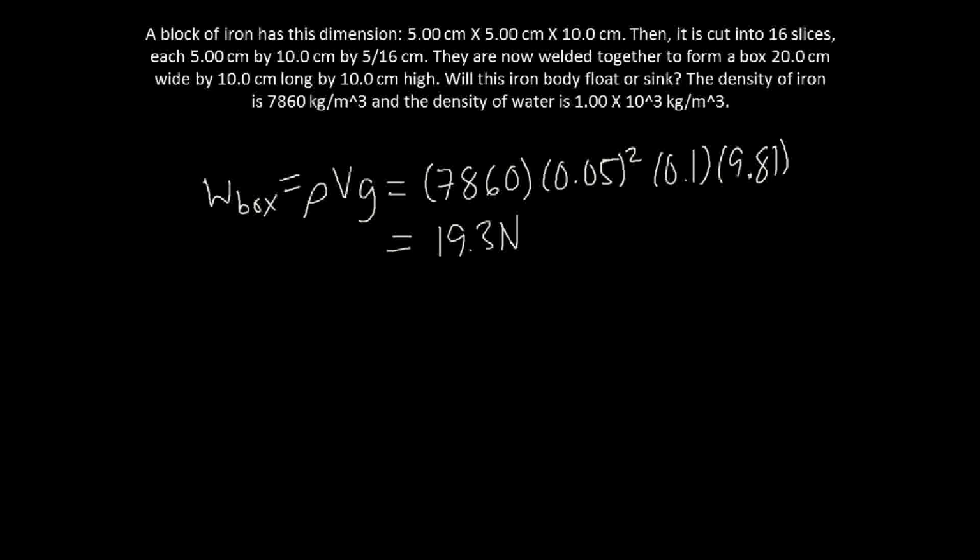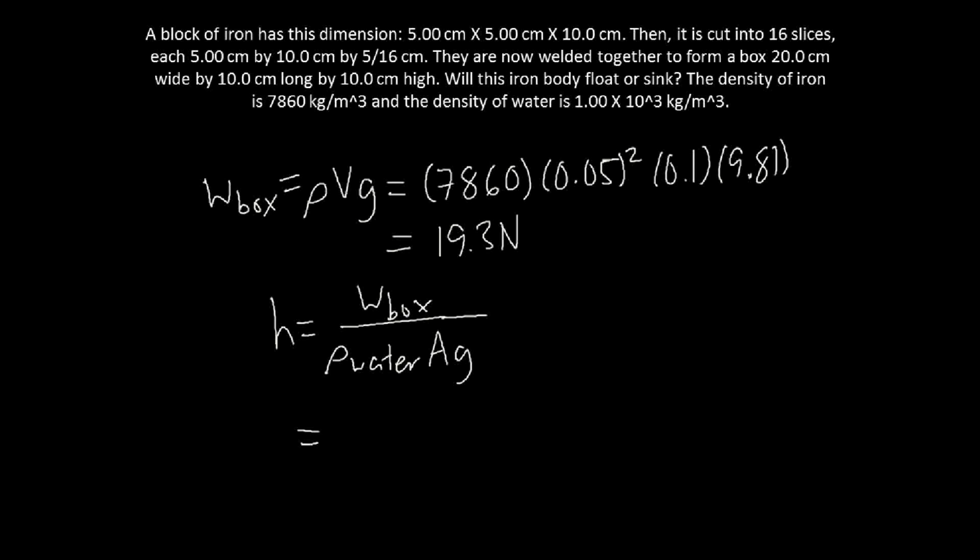Thus, the depth that the box sinks can again be found by the formula that we used earlier. So H is equal to the weight of the box, that is 19.3 newtons, all over the density of water times the area times the gravity.